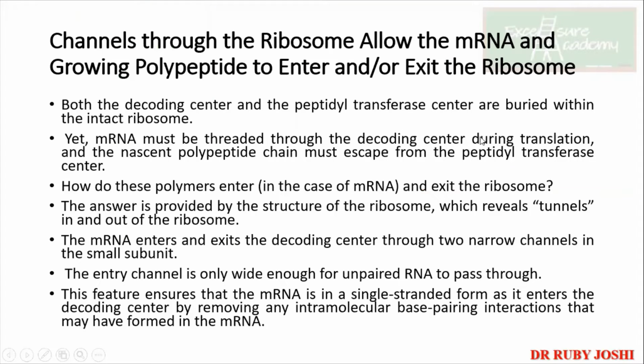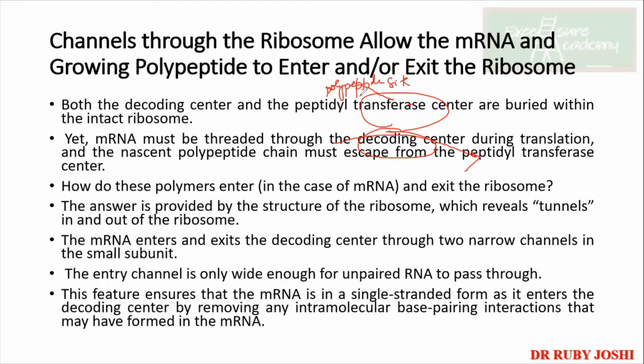Now there are certain channels present on the ribosome which will allow your mRNA as well as the growing polypeptide chain to enter or exit the ribosome. So yes, this is also required to be understood कि आपके 50S and 30S में a space should be there so that your mRNA can exit, and on the 50S subunit you need to have a channel from which the polypeptide chain can also exit.